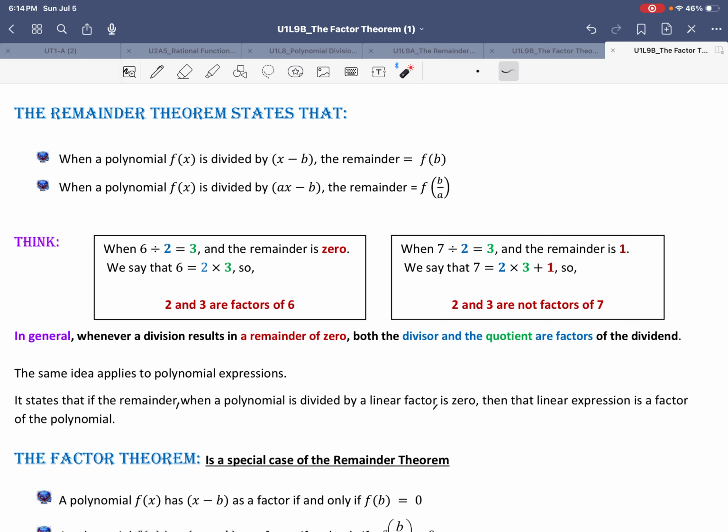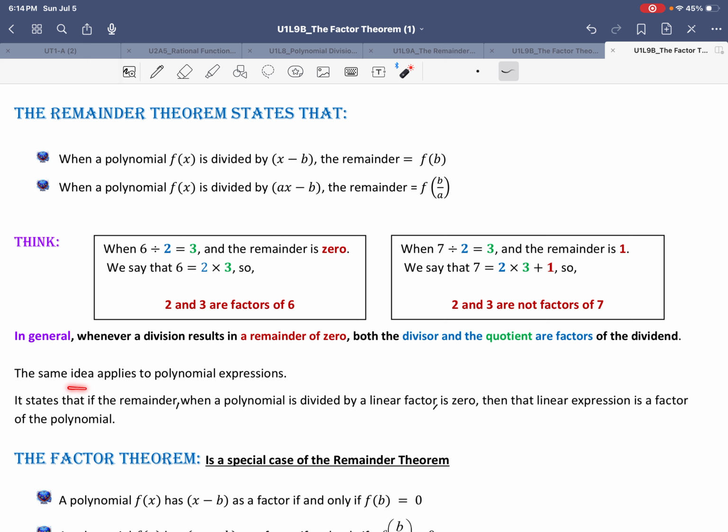In this case, we say that 2 and 3 are not factors of 7, because we have a number added at the end, the remainder, and it is not equal to 0. It's different than 0. So in general, whenever a division results in a remainder of 0, the divisor will be a factor, and the quotient will also be a factor of the dividend.